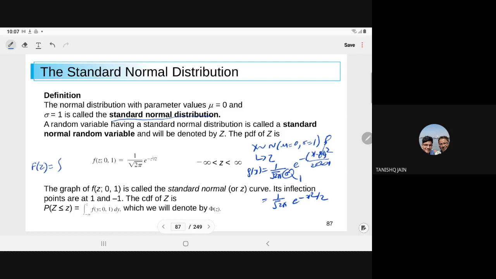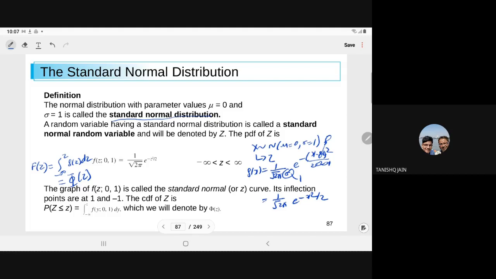And the CDF for this, if you have to compute the CDF, F(z), what is the meaning? It is the integral from minus infinity to z of f(z) dz. That we can compute numerically, and it is a standard notation that we denote by capital phi of z.